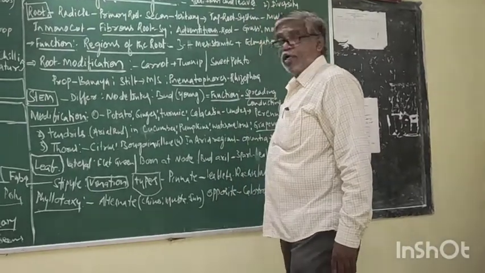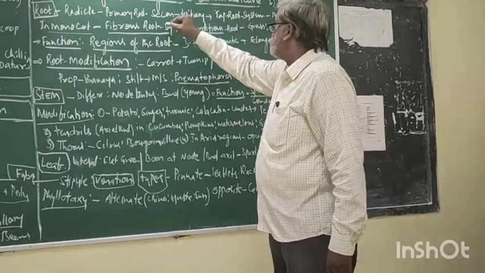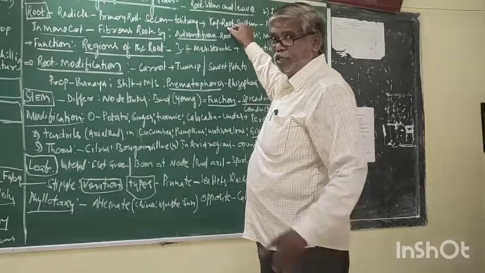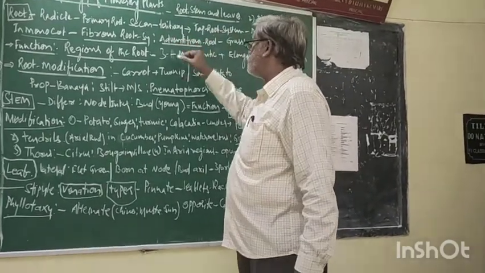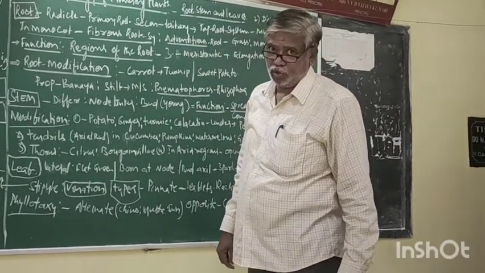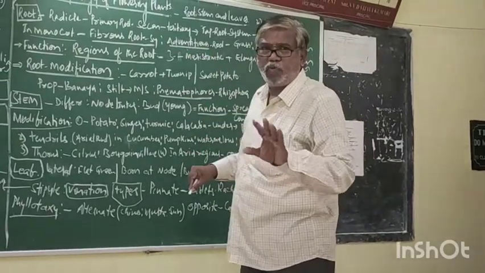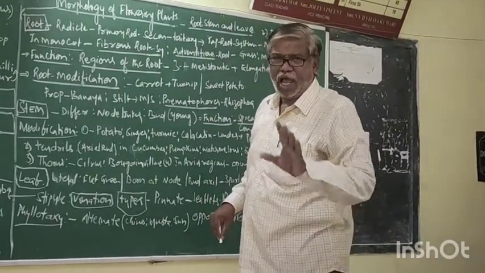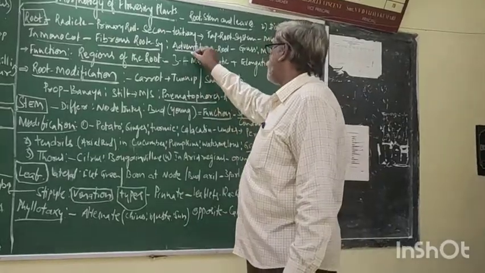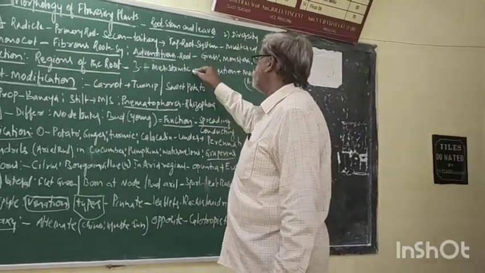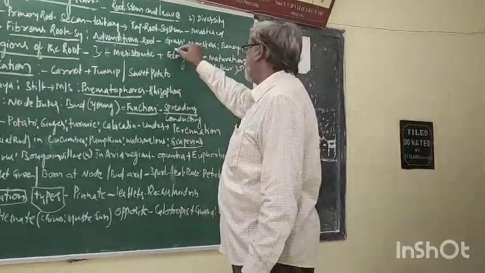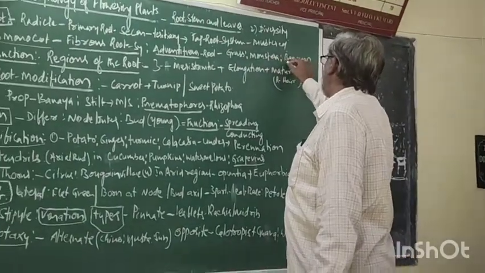In addition to fibrous roots and the taproot system, there is another type: adventitious roots. If any root is formed other than the radicle, it is called an adventitious root. We can see adventitious roots in grass, monstera, banyan.